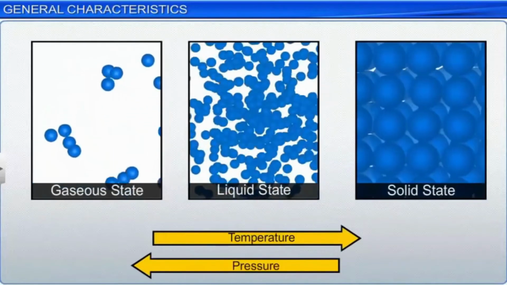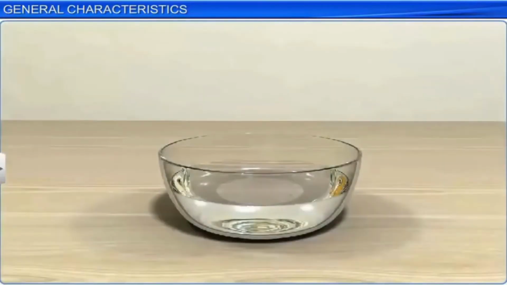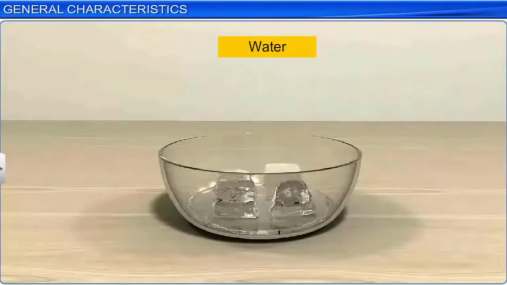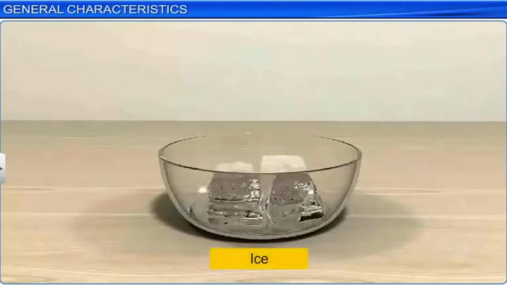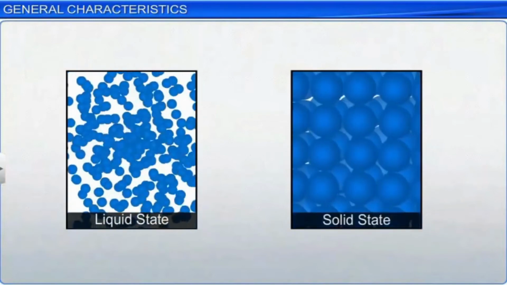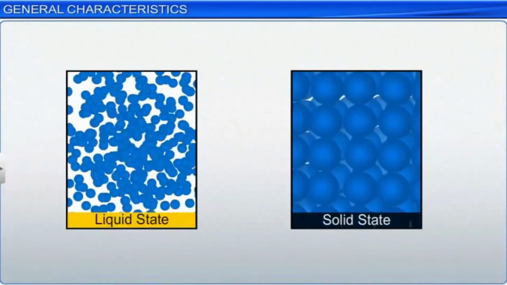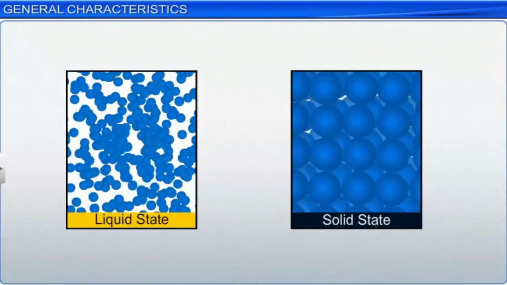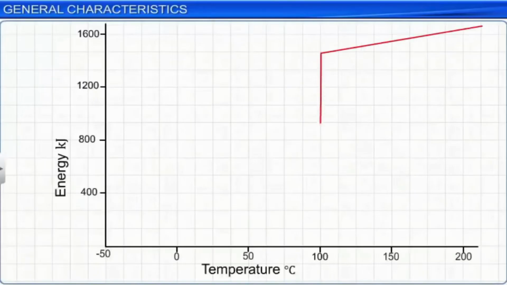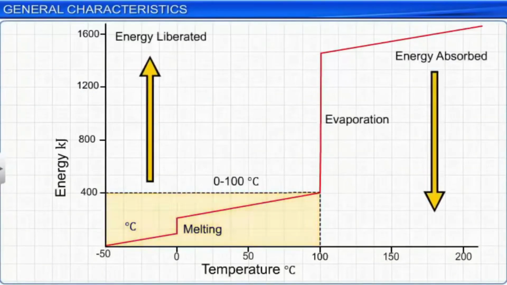For example, at 1 atmospheric pressure, water in liquid state gets converted into its solid form, ice, at 0 degrees Celsius or 273 Kelvin. Let us now understand how the molecules of water in liquid state attain the molecular arrangement of water in solid state. On cooling, the potential energy of the liquid molecules is released in the form of thermal energy.